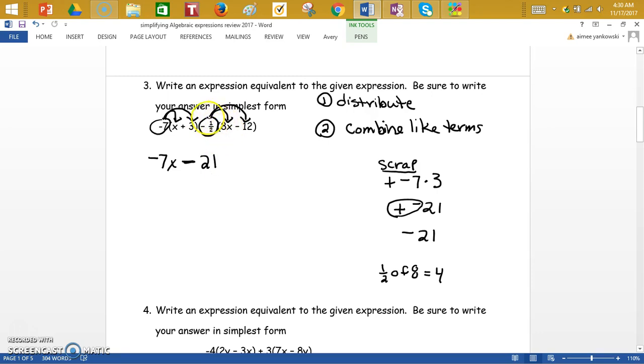Negative times a positive gets me a minus, so that would be minus 4x. Here, negative times a negative, I'm multiplying through those parentheses. Negative times a negative is a positive. Half of 12 is 6.